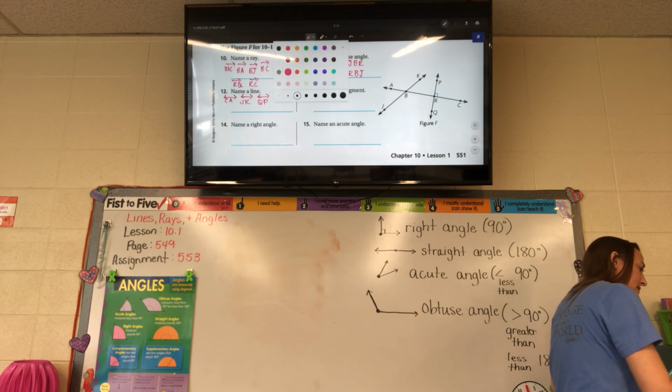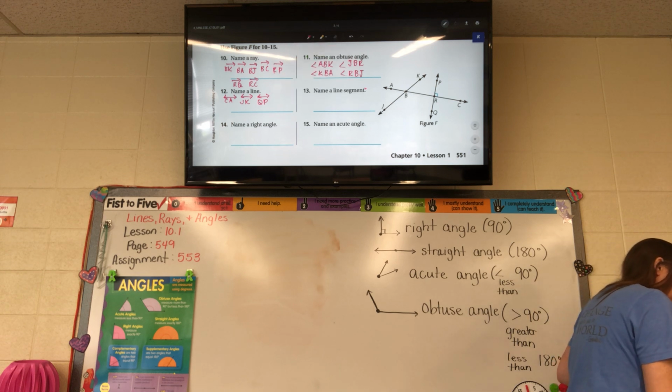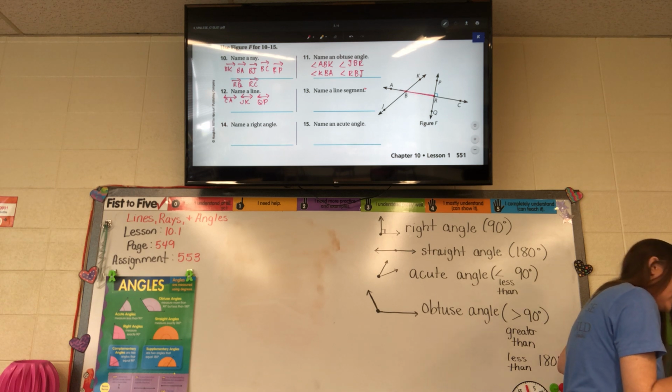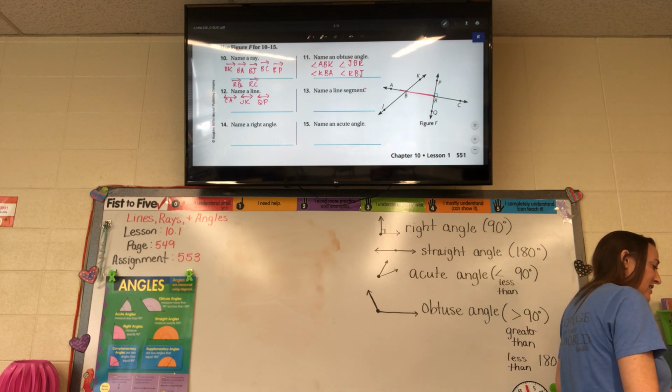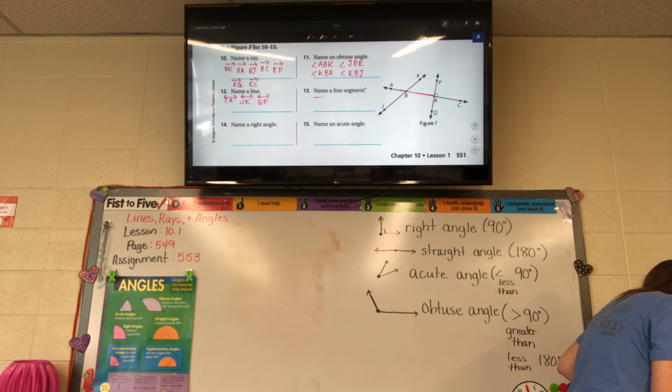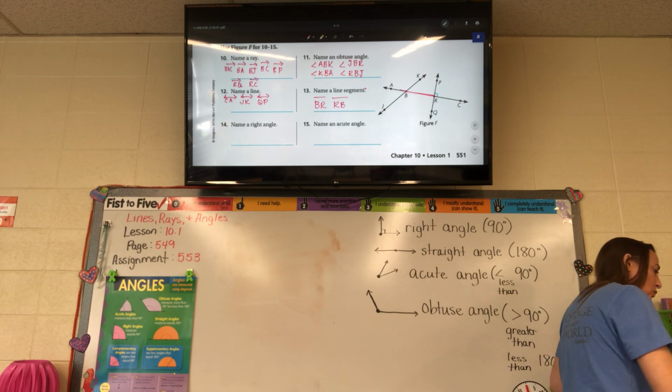Name a line segment. Okay. So, line segment right here, and I think that is the only one. So line segment BR or line segment RB, either one of those will work.